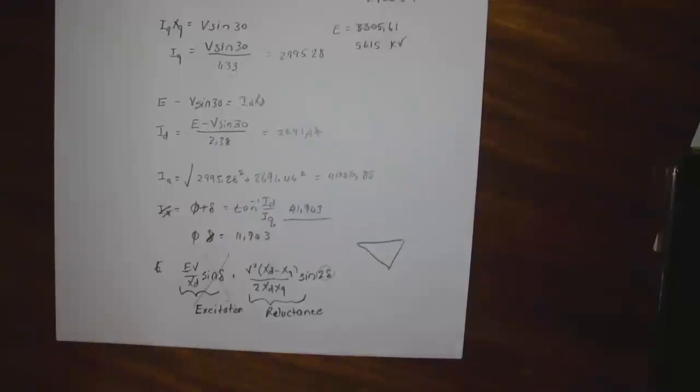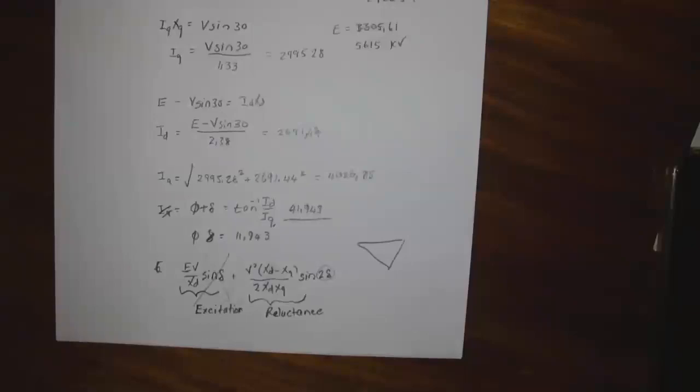So the problem that I had: for 9.1, I find IQ using those formulas, the one that you were using before, then ID.